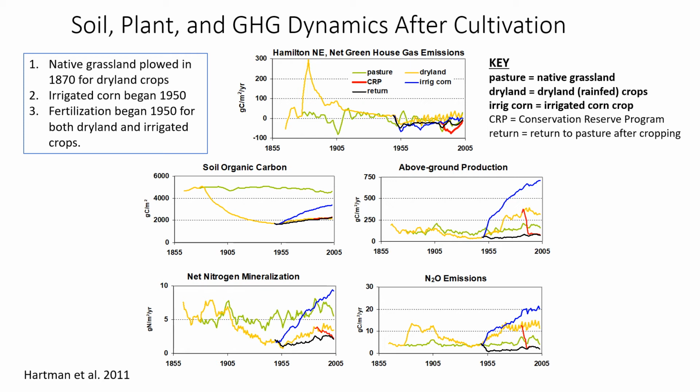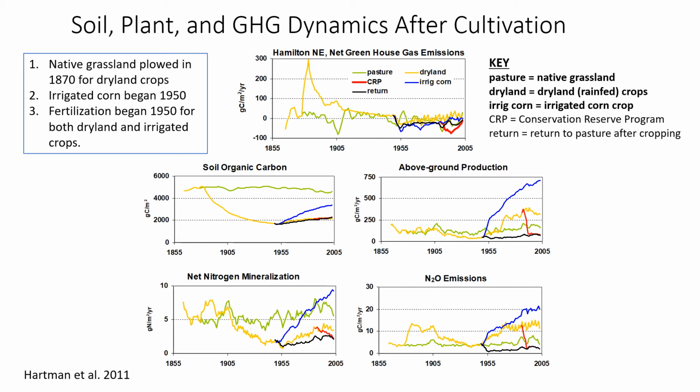But then the soil becomes depleted in carbon over time, and so net nitrogen mineralization for the dryland crop drops quite a bit up to the point of around 1950. At 1950, because fertilizer is added, net nitrogen mineralization goes up in the dryland crop and even more so in the irrigated crop.